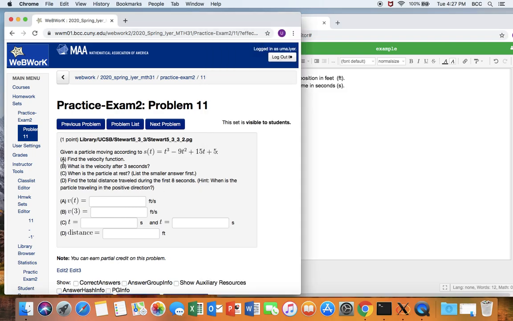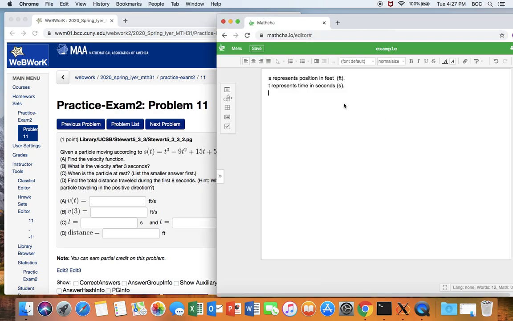So, A part is find the velocity. Velocity is the derivative of position with respect to time. That is, v of t equals s prime of t.